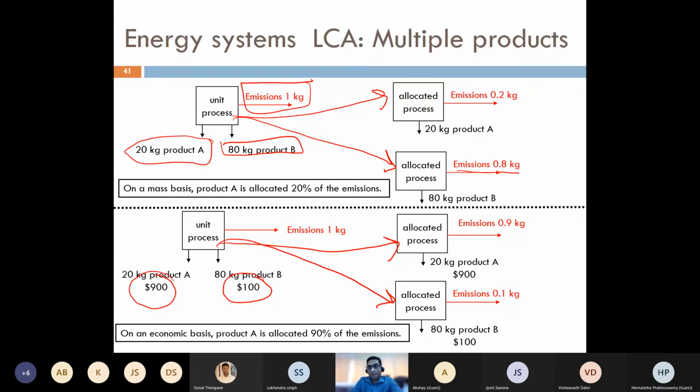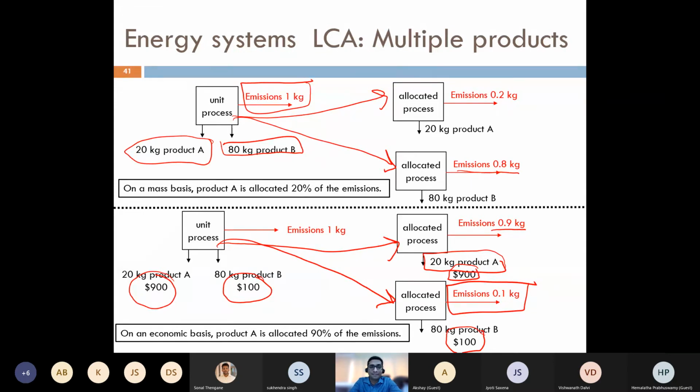The first gives me 20 kgs of product. The value is $900, the total value being $1,000. So it has 90% of the emissions, which is 0.9 kgs. The other product is 80 kgs, but has a very low economic value, maybe just $100, and the emission associated is just 0.1 kg. This is one of the major dilemmas that any LCA practitioner will face.